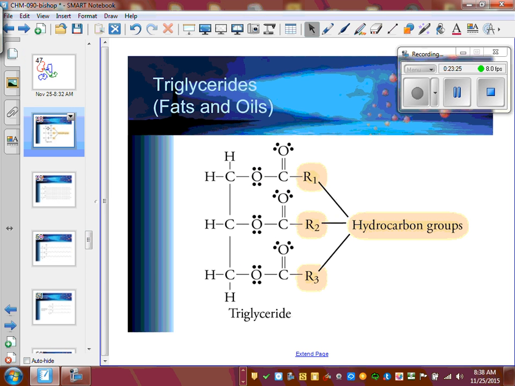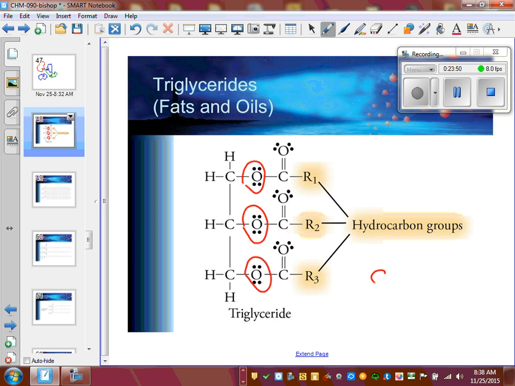All right. Triglycerides, fats and oils. Okay, a triglyceride. If we look here, here, and here, we can see that originally we had three alcohol groups.